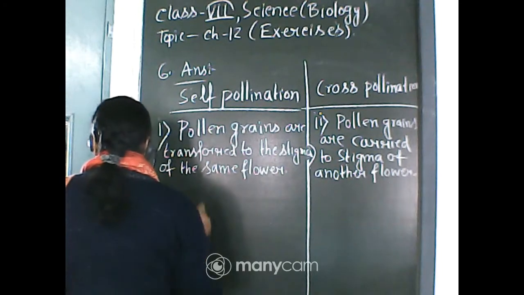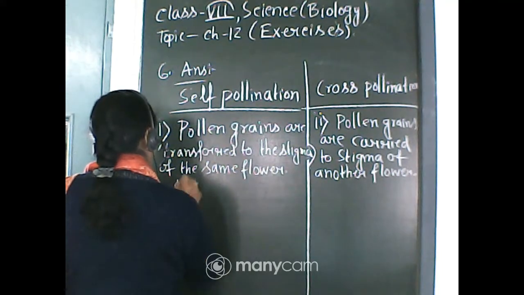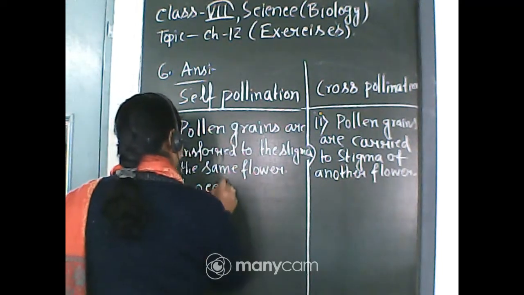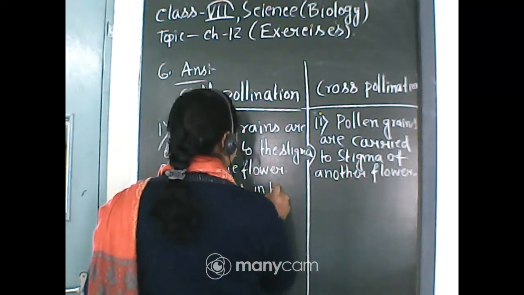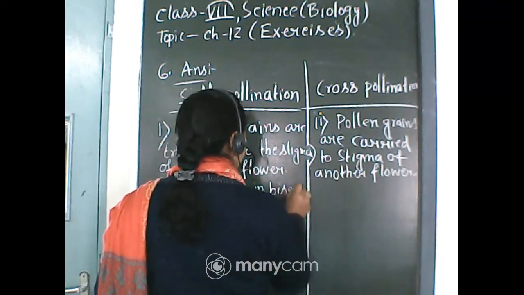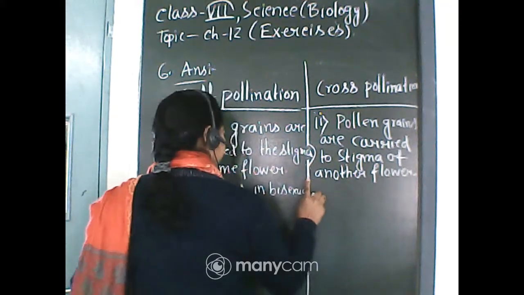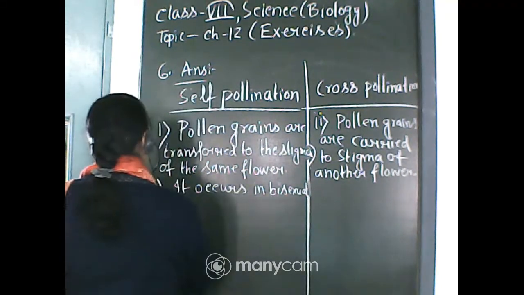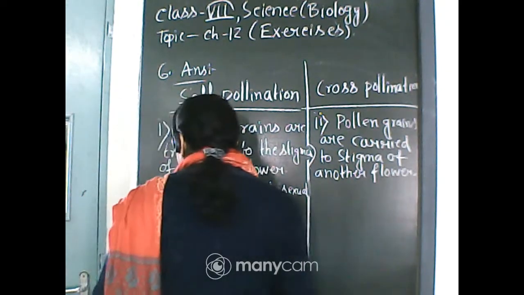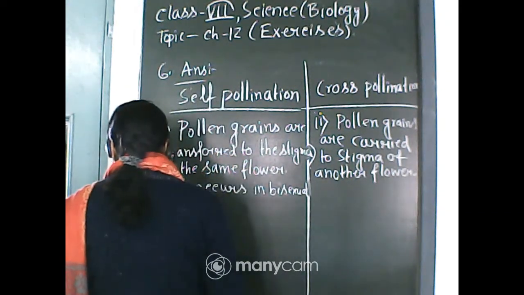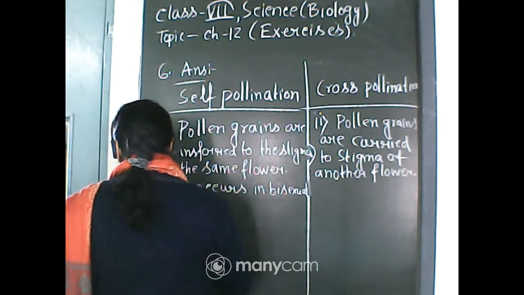Next point: it occurs in a bisexual plant, which means the plant has both anther and stigma maturing at the same time.